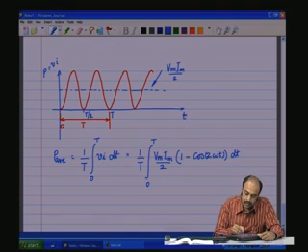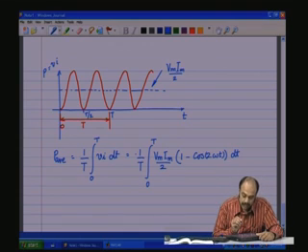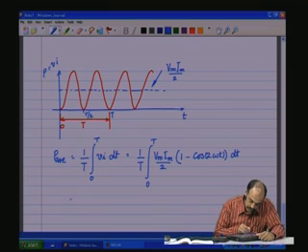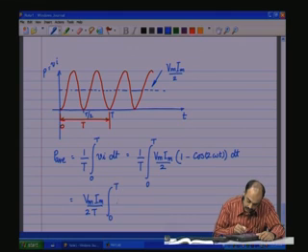So, Vm being a constant, Im being a constant, we can bring that out. So, that will be Vm Im by 2t integral 0 to t 1 minus cos 2 omega t dt.